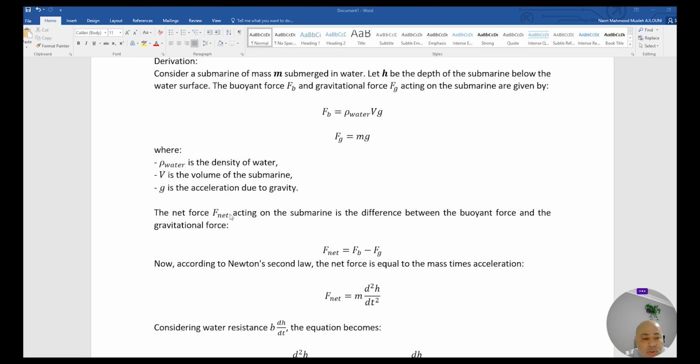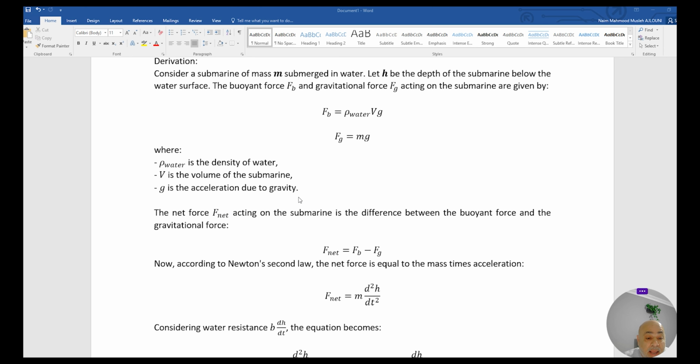If we use Newton's second law, force is mass times acceleration, and acceleration is the second derivative of the depth with respect to time, represented by d squared h by dt squared, and the resistance is given by b multiplied by dh by dt.